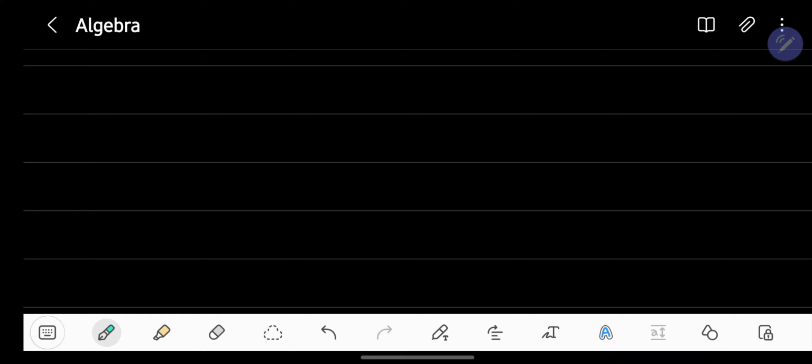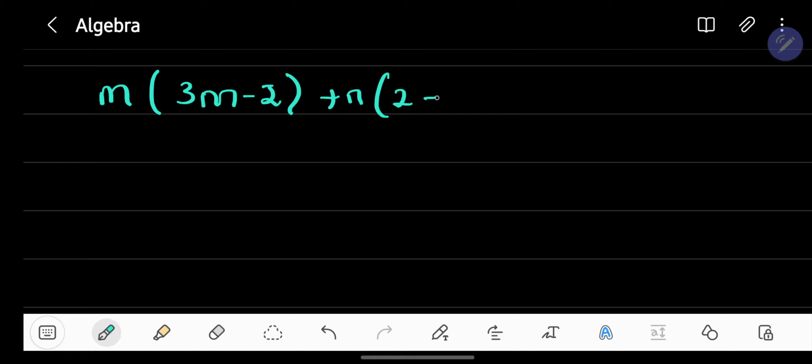So let's say that you have m into 3m minus 2, close the bracket, plus n into 2 minus 3m, close the bracket. Okay, so you will definitely notice that 3m minus 2 and 2 minus 3m are not the same, they are similar, and then we are looking for a common factor.